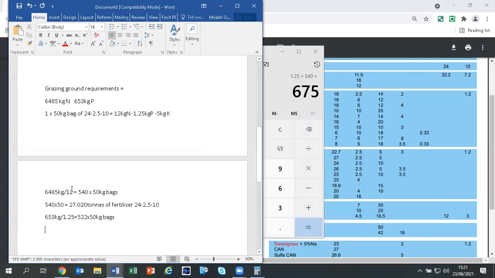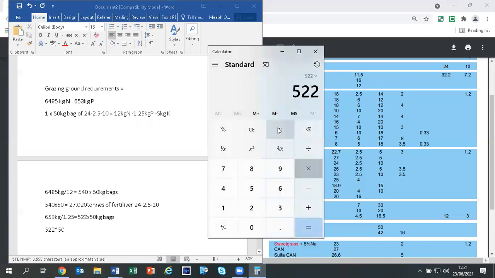Instead of spreading 540 50-kilo bags of 24 2.5 10, we can instead spread 522 bags.